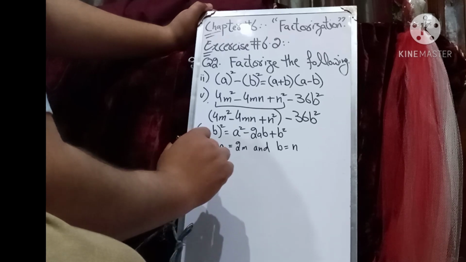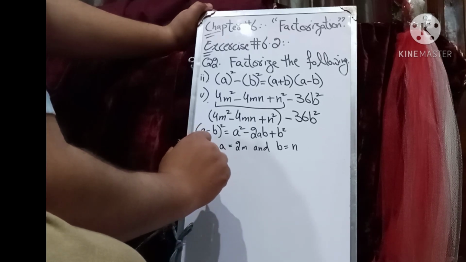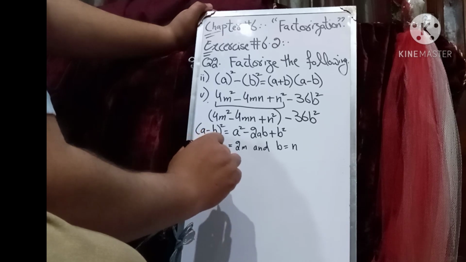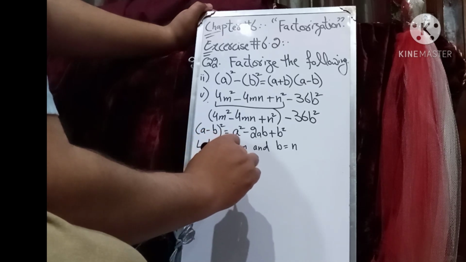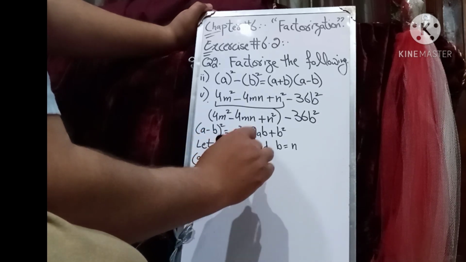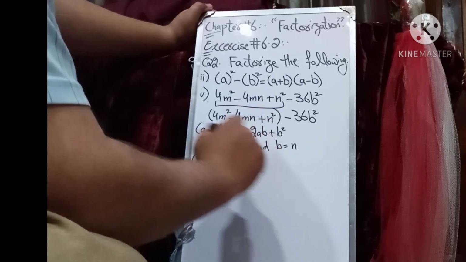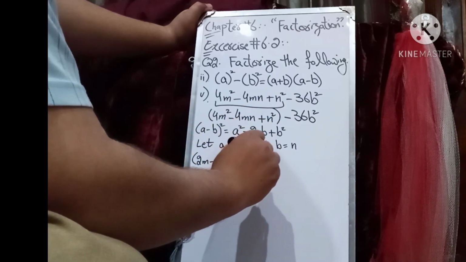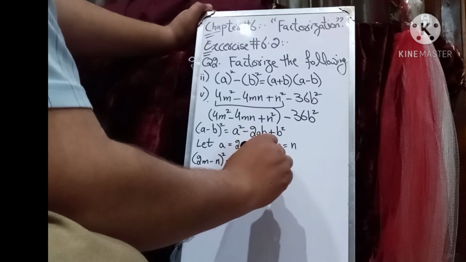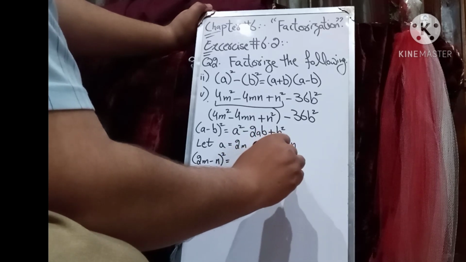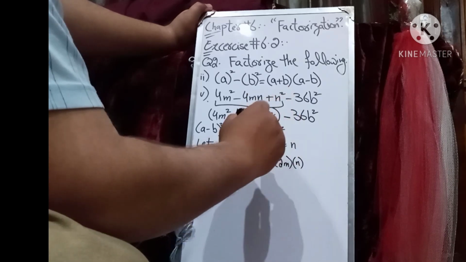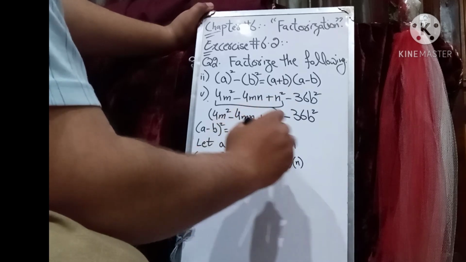So by putting these values into the a minus b whole square formula, you will get 2m minus n whole square is equal to 2m whole square minus 2 into 2m into n plus n whole square.